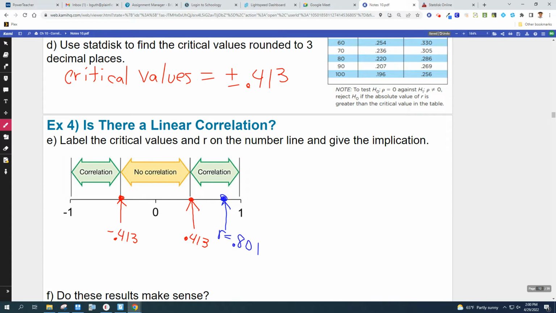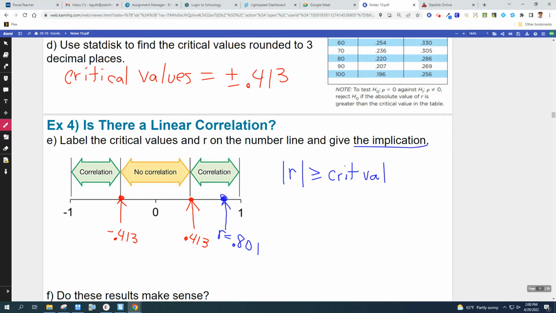The language of it said, where was it? The absolute value of r was greater than or equal to the critical value. It said we can conclude there is sufficient evidence to support the claim of linear correlation.